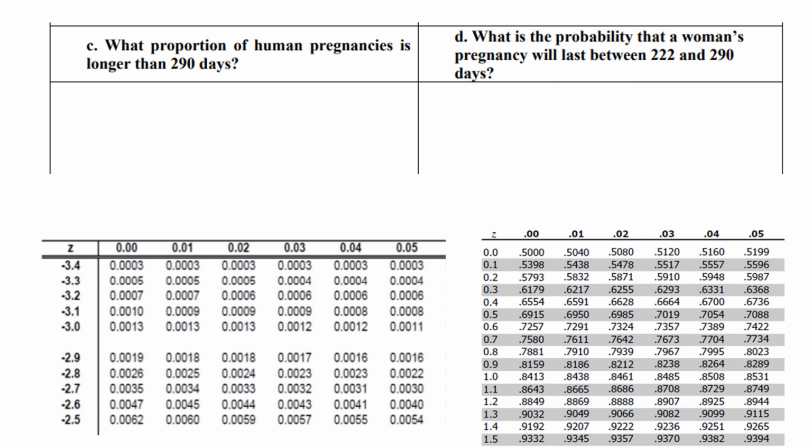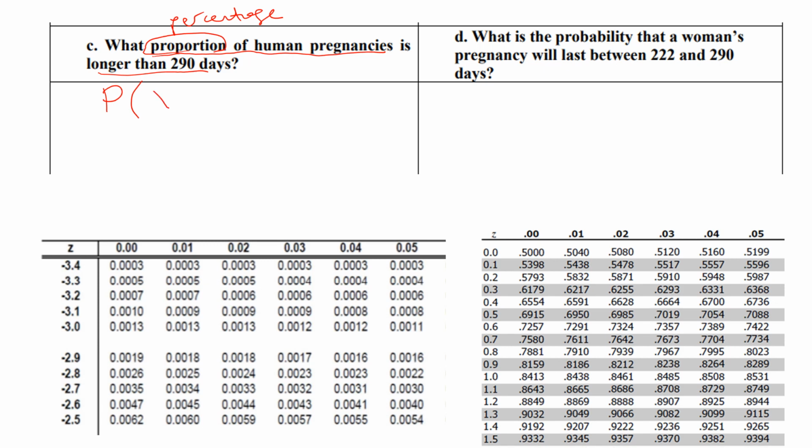Now, that part of the question is saying, what proportion of human pregnancies is longer than 290 days? So proportion means the percentage. It's basically asking what is the percentage, or we can say the probability, that a human pregnancy is longer than 290.